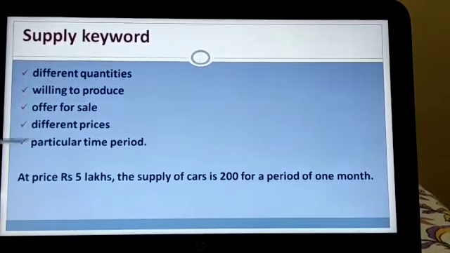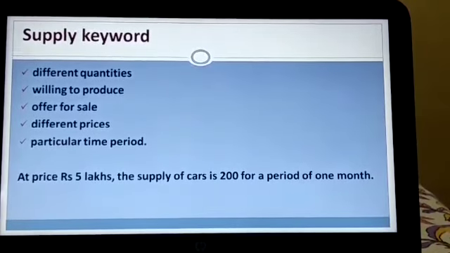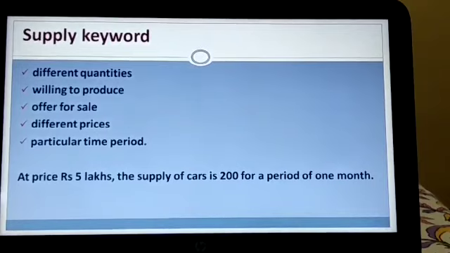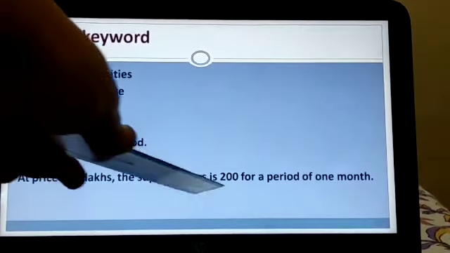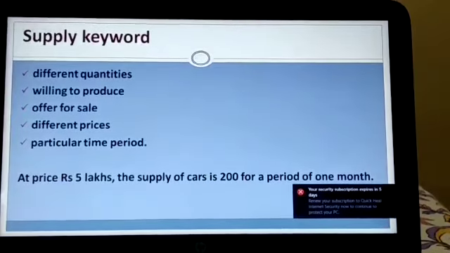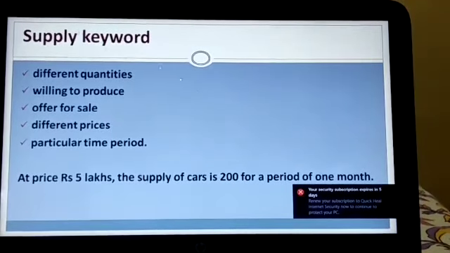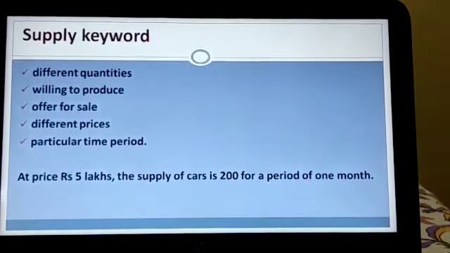You can see the supply statement. It says at price rupees 5 lakhs, the supply of cars is 200 for a period of 1 month. Now we will see in the supply statement, everything is there. Different prices there, rupees 5 lakh. Supply of cars is 200, the quantity is there. And also the particular time period is there.